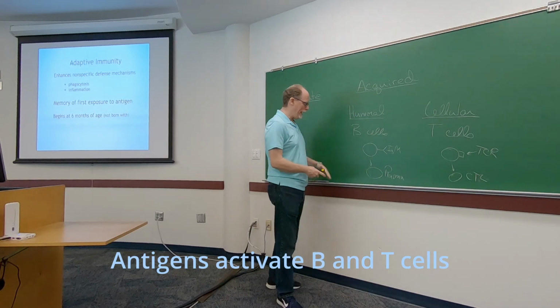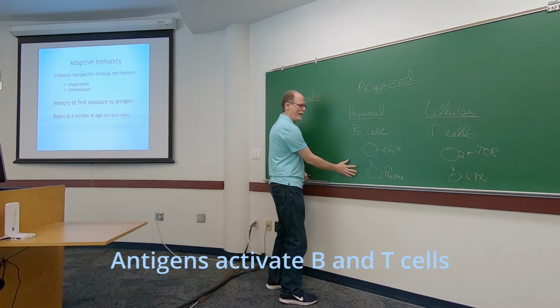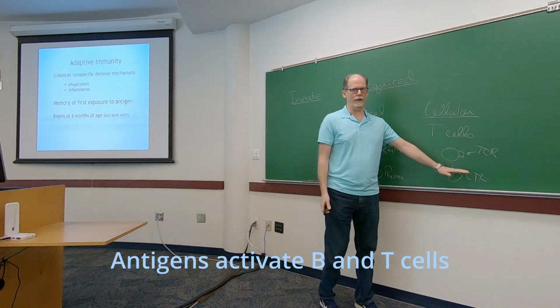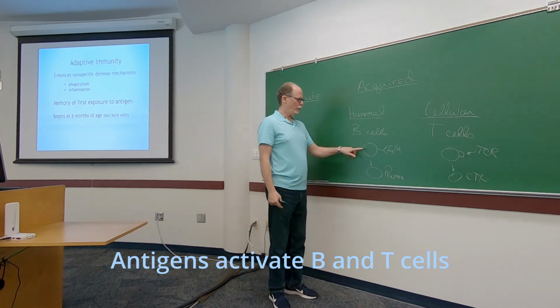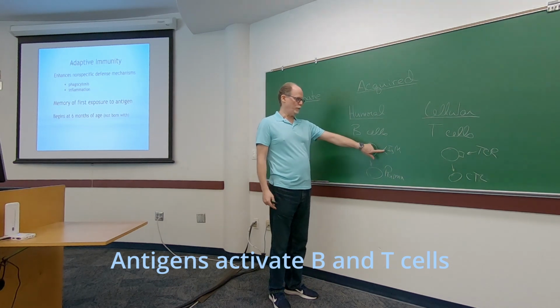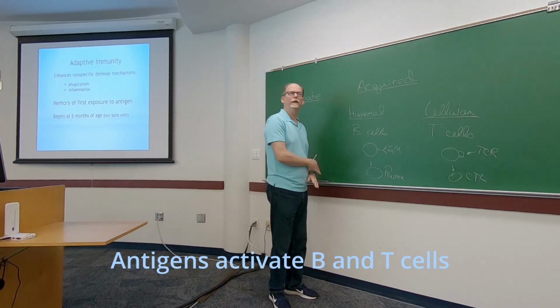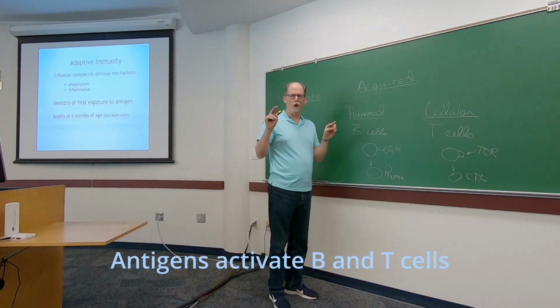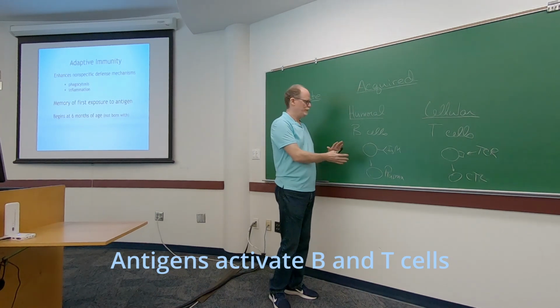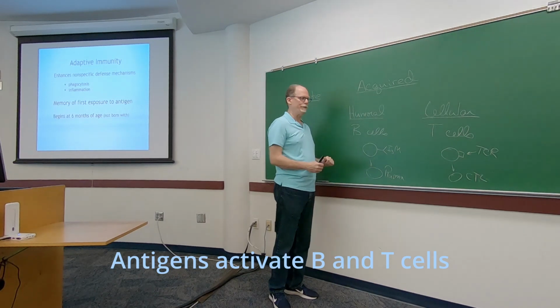Now, during the activation process, memory cells are also generated. So you start off, say, with one B cell that has one receptor. When it gets activated, it turns into clones of itself, and there might be 1,000 of them. Some are memory, some are plasma cells.